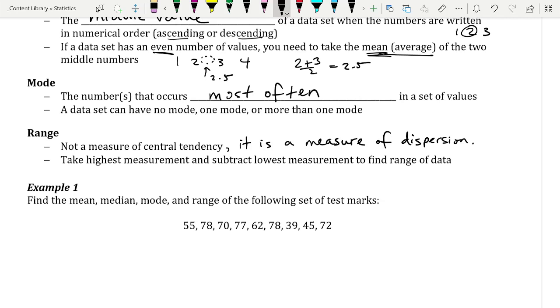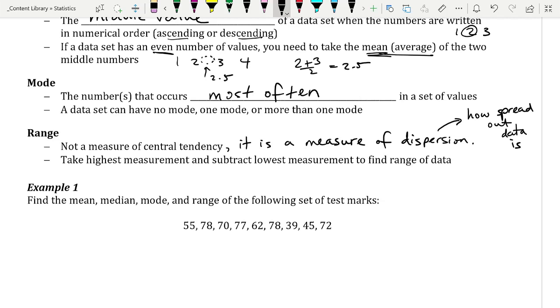If I say something's very widely dispersed, what does that mean? It means it's spread out a lot. So dispersion means how spread out data is. And range is easy to find. It's just the biggest number minus the lowest number. That's your range of data.